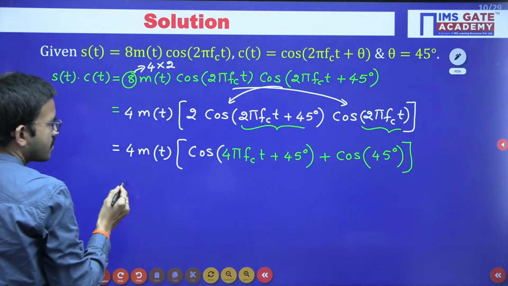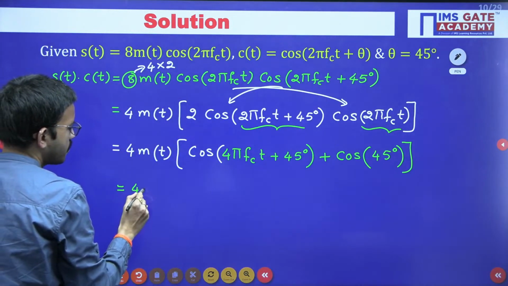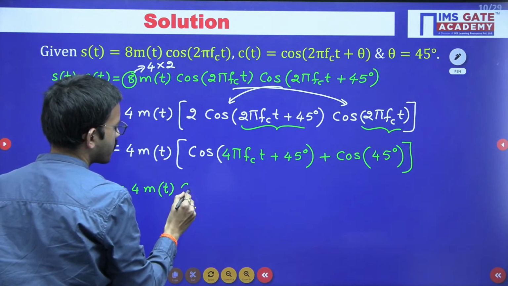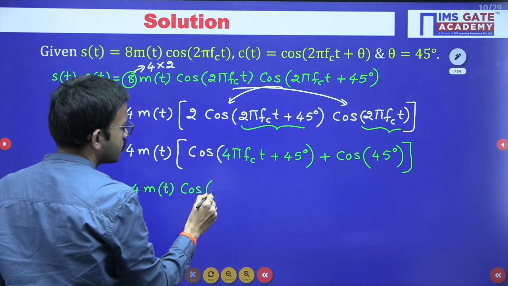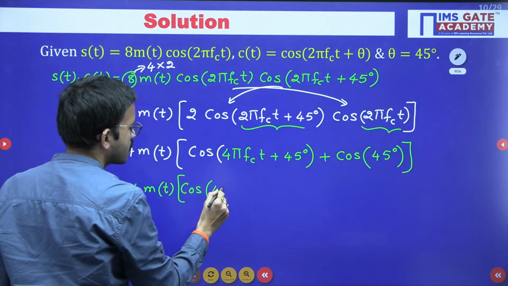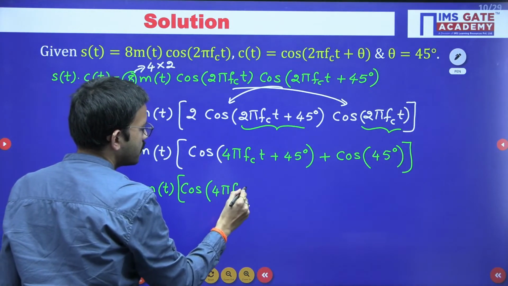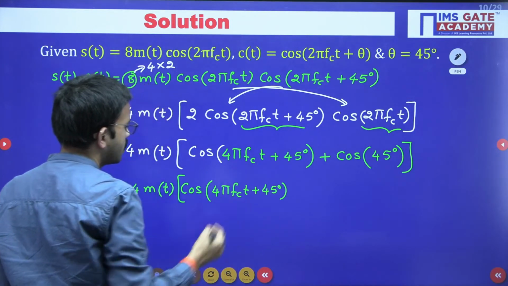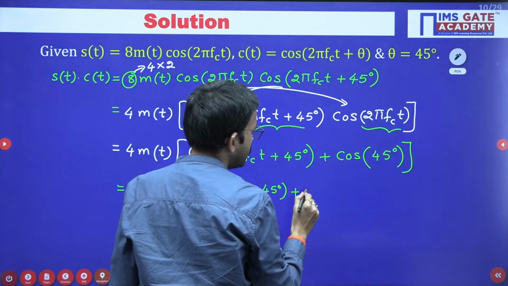Now, the first term you can copy as it is. The second term you can simplify: cos 45 is nothing but 1 by root 2.